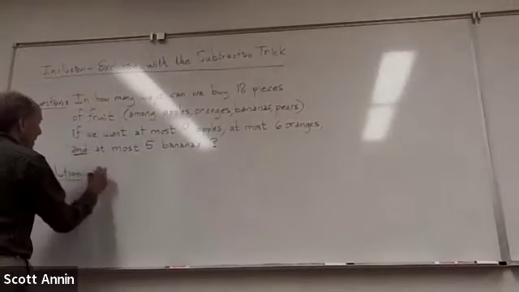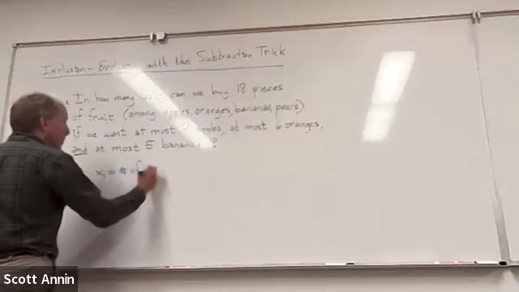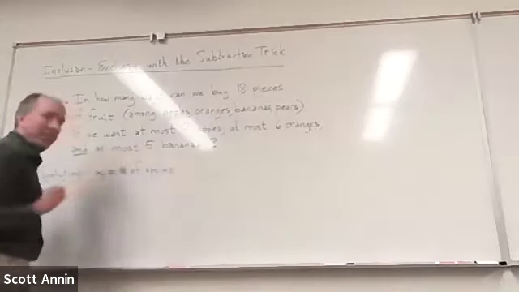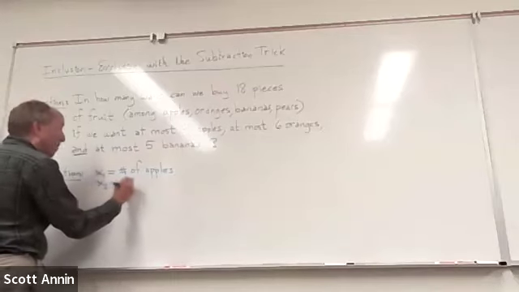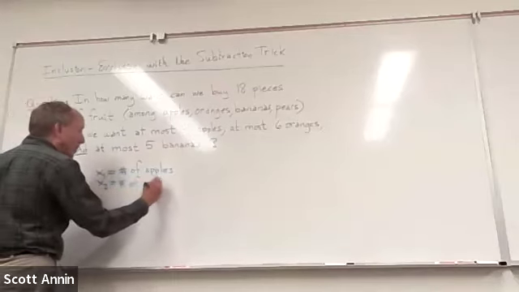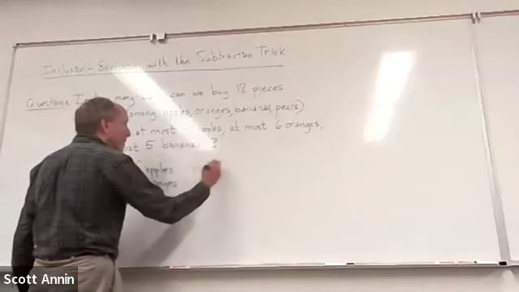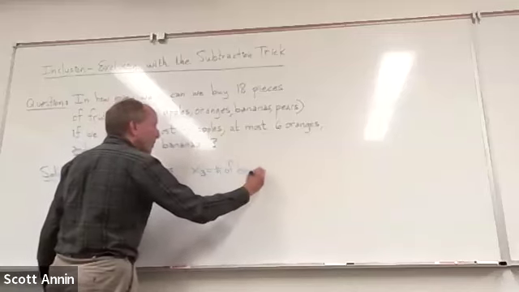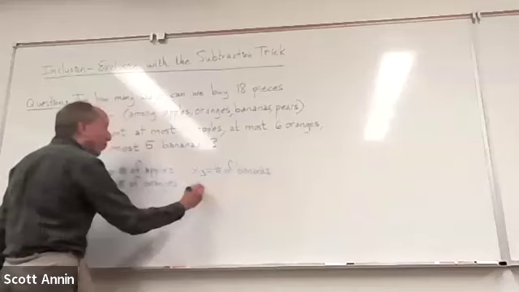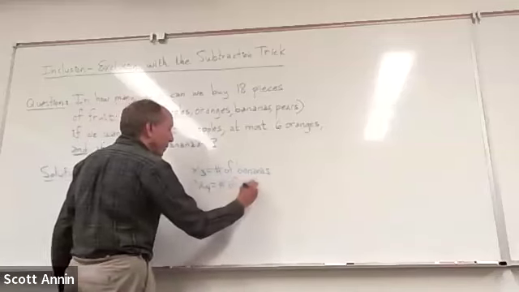So I'm going to let x1 be the number of apples that are purchased. Then I'm going to let x2 be the number of oranges that are purchased. And then x3 will be the number of bananas. And x4 will be the number of pears.